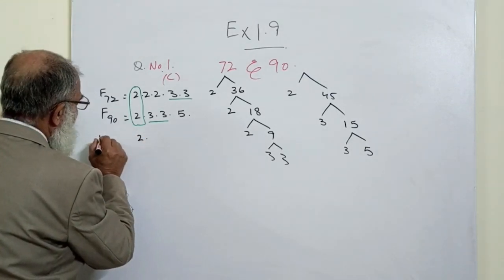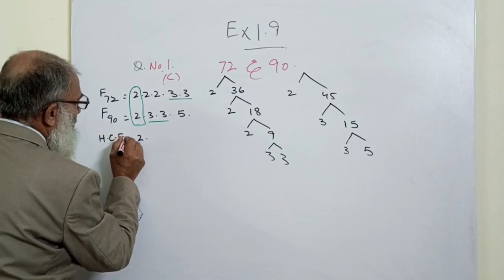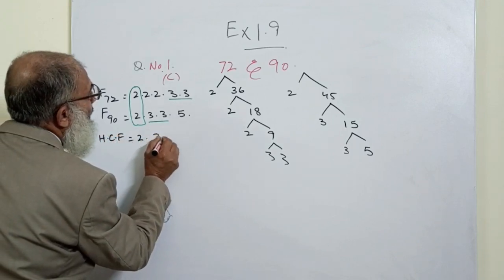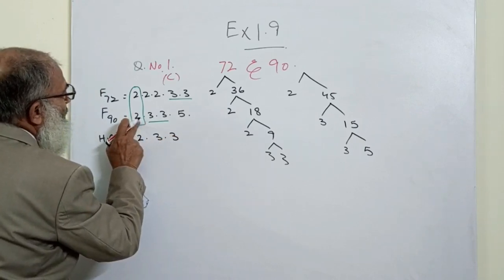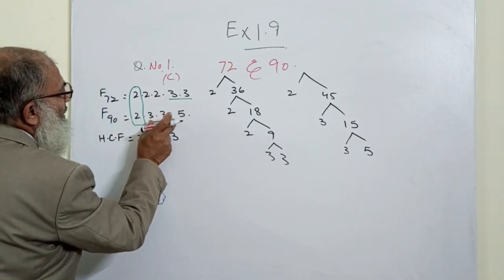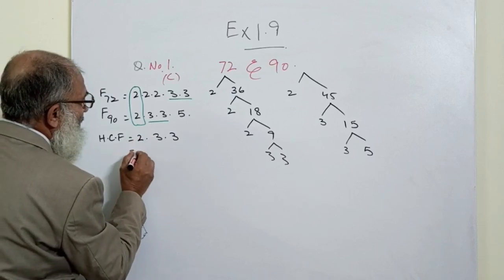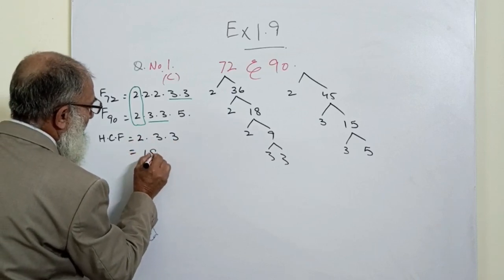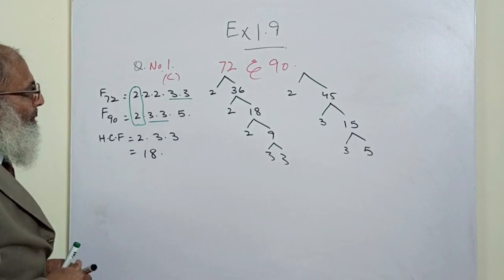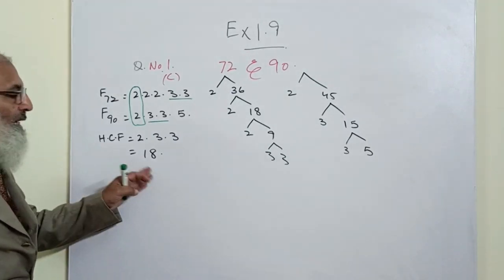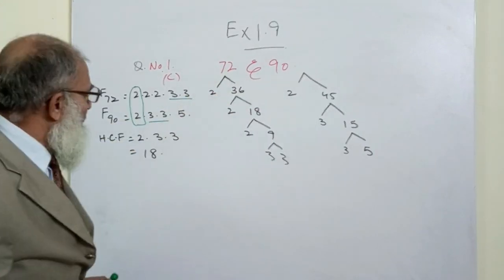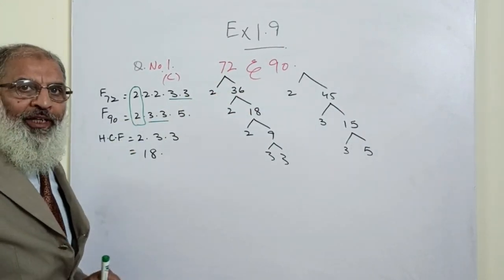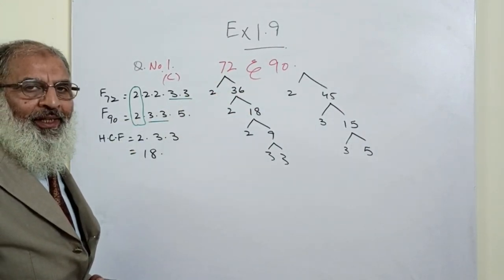HCF is equal to 2 times 3 times 3. Once 2 and twice 3. So it becomes 18. So this is the HCF of 72 and 90.